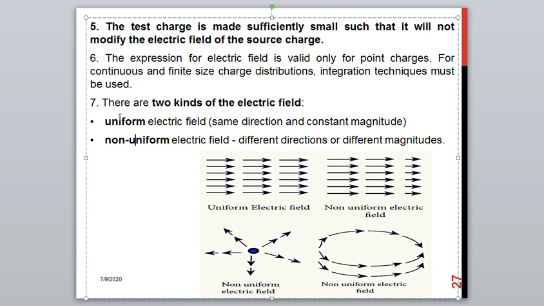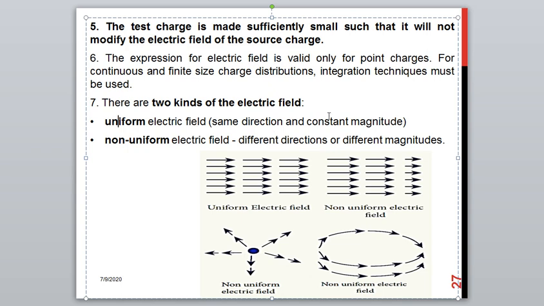As we all know, the term uniform represents the same value at all points. So the electric field strength in the space around the charge, wherever you place another charge, should be the same at all points.